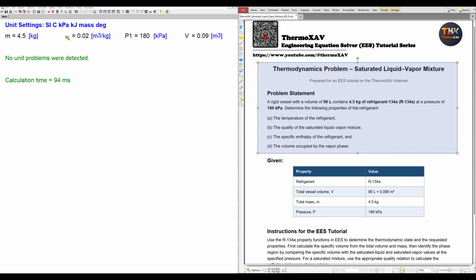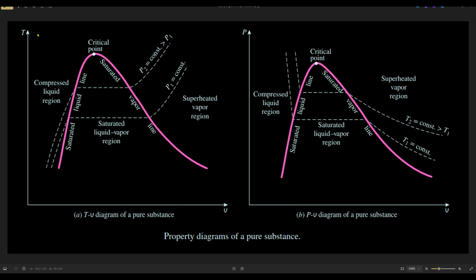Now, based on this specific volume, which is 0.02, we can go to a thermodynamic table and check the vf for saturated liquid and vg for saturated vapor, so we can find out if it is compressed. Let me show this graph.